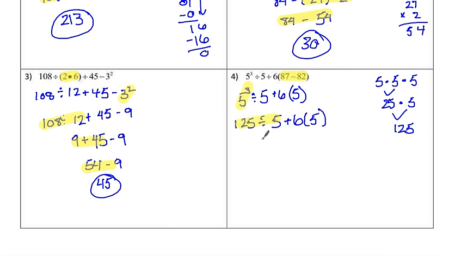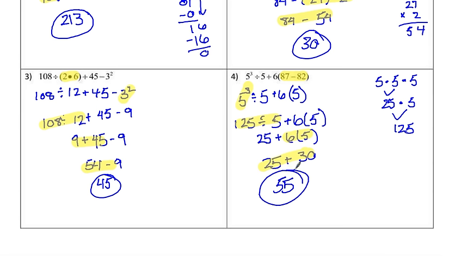So the first thing I'm going to do is the division, and this is 125 divided by 5 will be 25 plus 6 times 5. I need to finish the multiplication and division, do 6 times 5, which is 30, and then I still have plus 25, and then 25 plus 30 is the last little bit we need to do, and 25 plus 30 was 55. So that should be your answer.